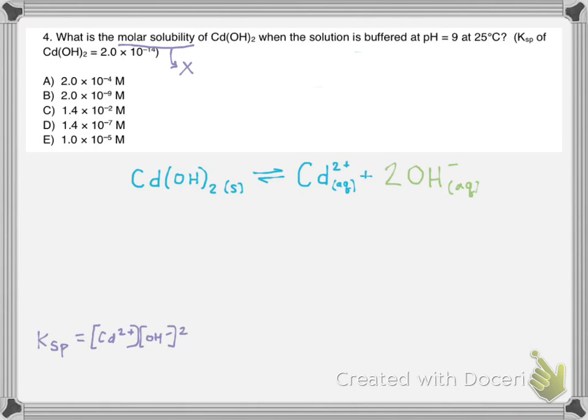Okay, but they also tell us this part about the pH equaling 9. And so pH, we know we can relate to proton concentration, but we can also relate it to pOH, and then relate it to our hydroxide concentration.